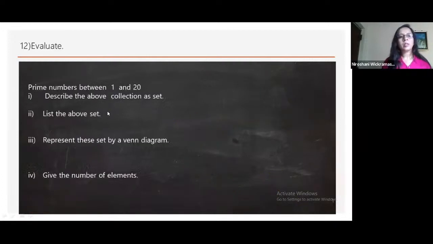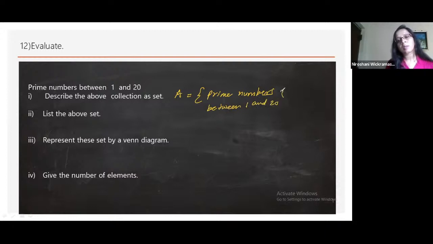Next question. Question number 12. Evaluate prime numbers between 1 and 20. Describe the above collection as a set. If I take letter A, prime numbers between 1 and 20, in the curly brackets you can write.